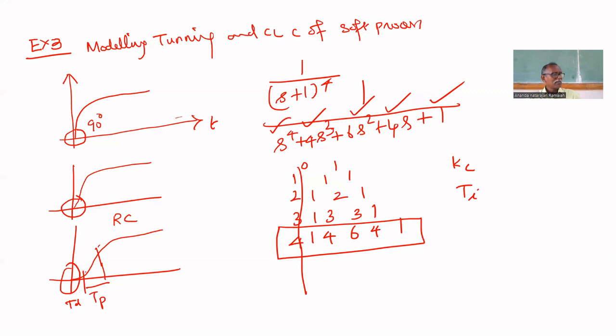Computer calculates the output mathematically. That's why we can tune both ways, the reaction curve method as well as the closed loop sustained oscillation method. We have to find Kc and Ti in both methods and compare the results.